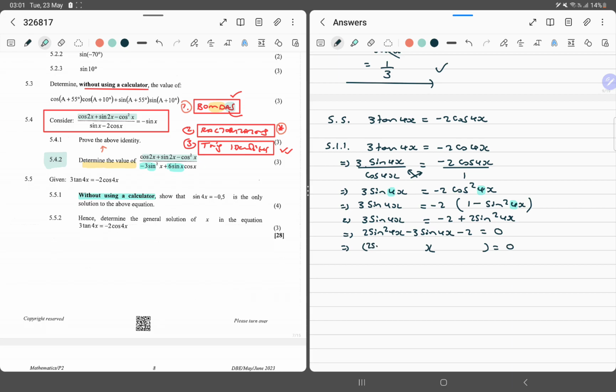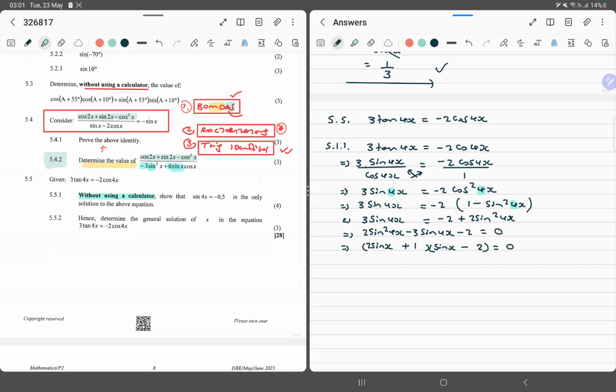So this should be 2 sine x, this one should be sine x. Now the factors of 2 that can give us a 3: we take our 2 and put it here, but it must be a plus 2. Okay, no, a minus 2. Because 2 by 2 is 4, then we put a plus 1 here. So minus 4 plus 1 is minus 3. So we've sorted our trinomial.